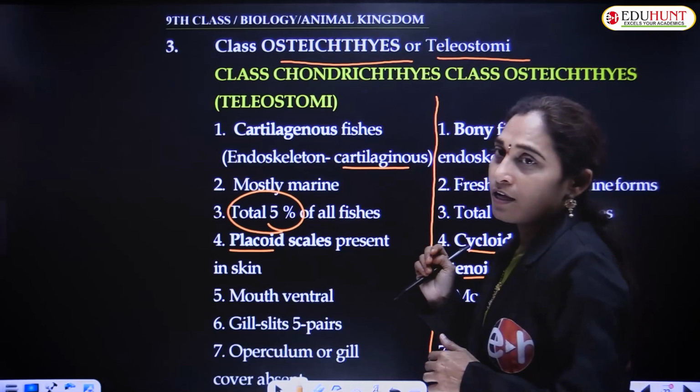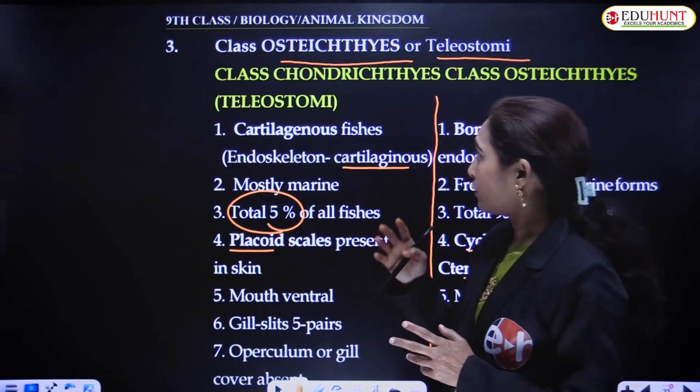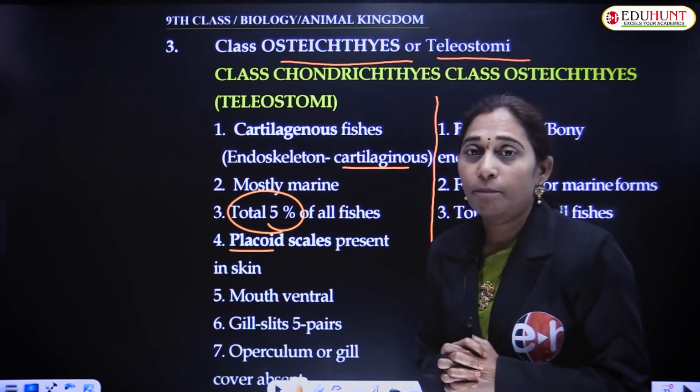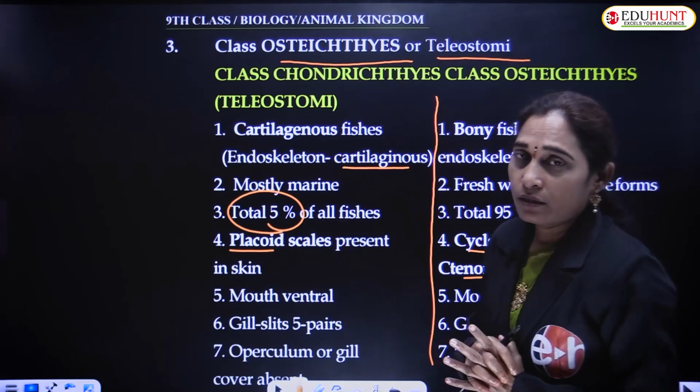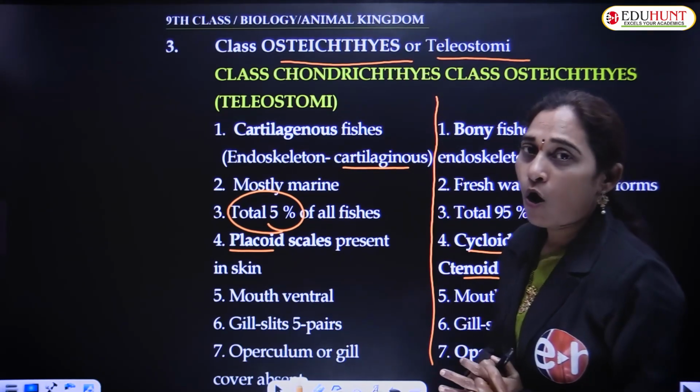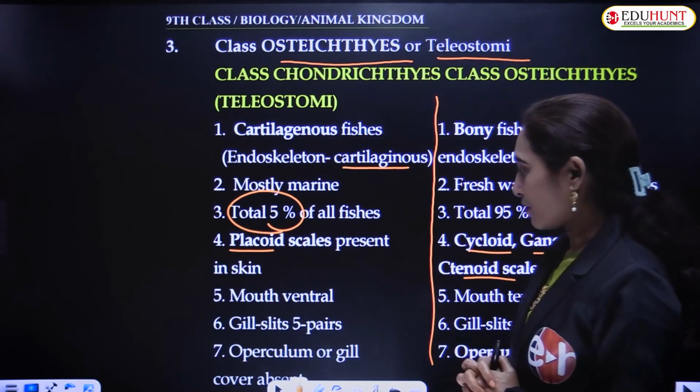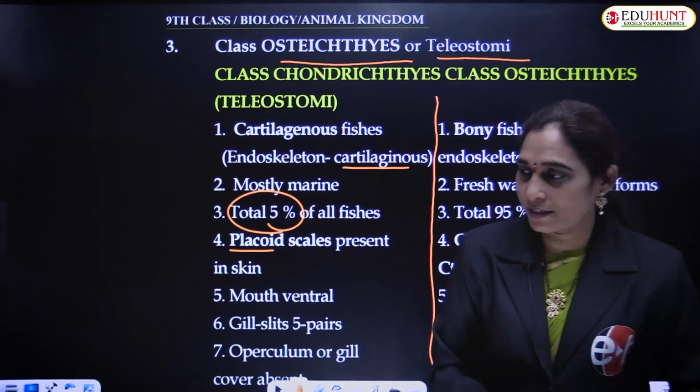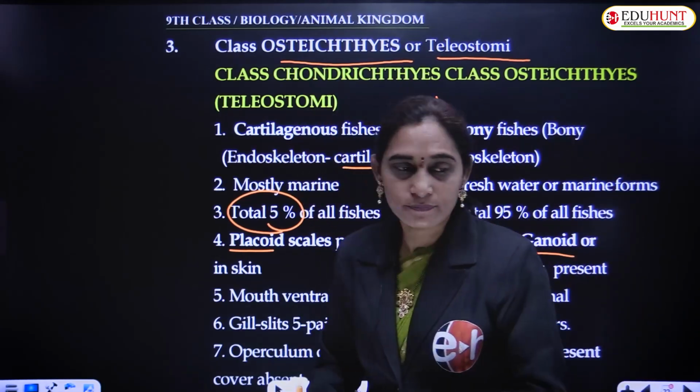In Osteichthyes, the scales may be ctenoid, ganoid or cycloid. I'll show you different scales here.